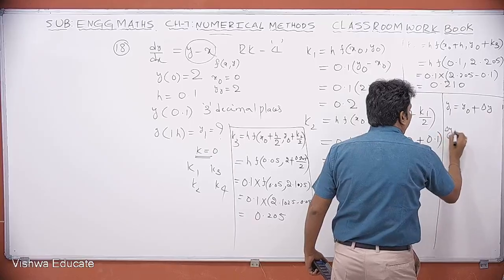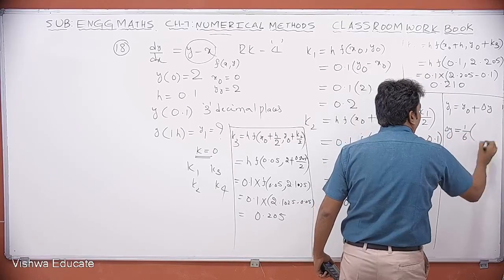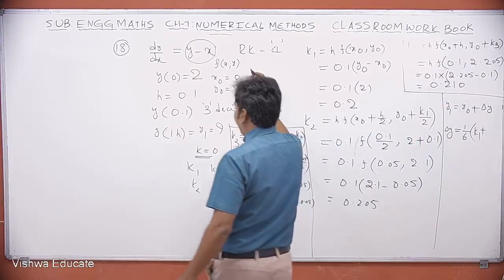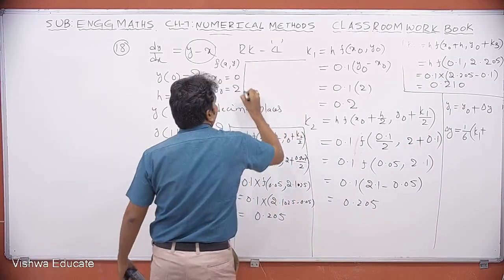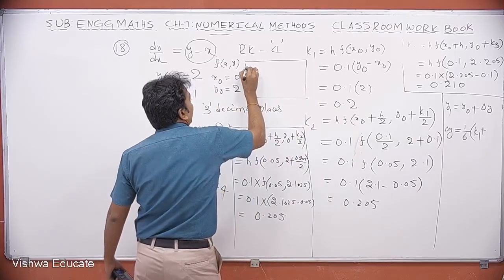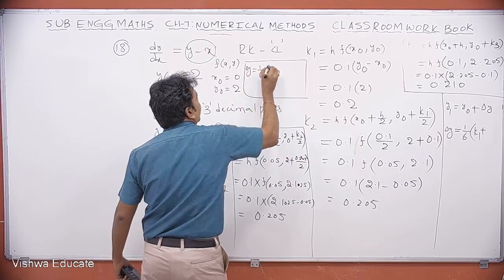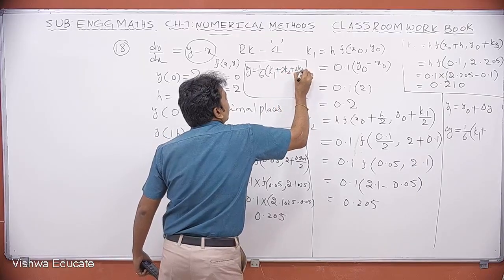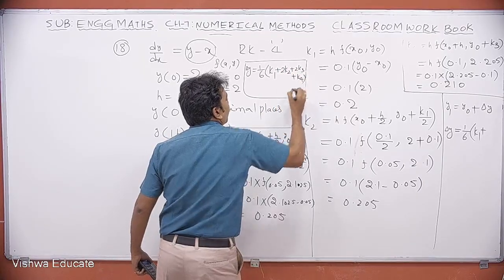Therefore, the value of y1 equal to y naught plus delta y. But delta y is nothing but 1 by 6 into k1 plus 2k2 plus 2k3 plus k4.